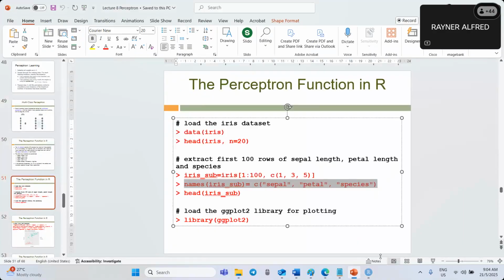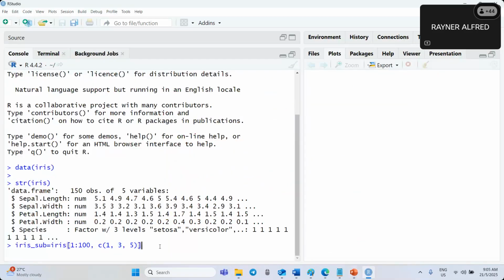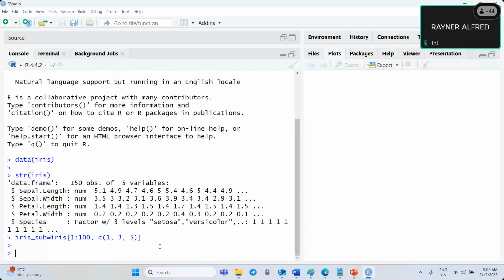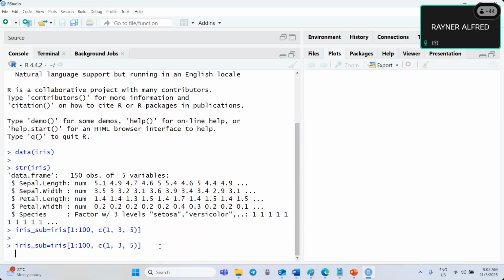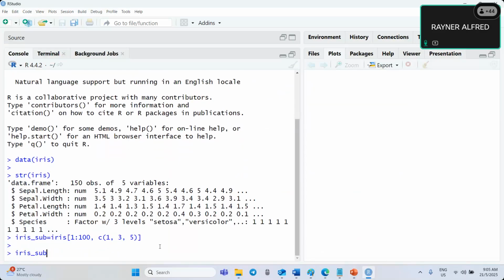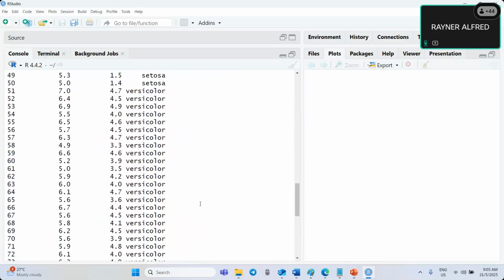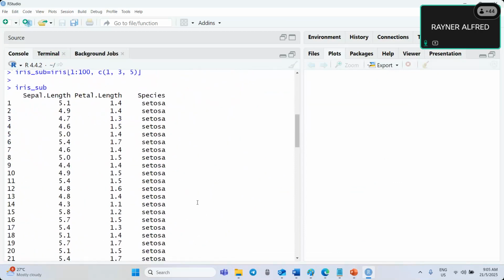And then if we look at the sample for this, we only have this, right? So this is our 3 columns that we have.